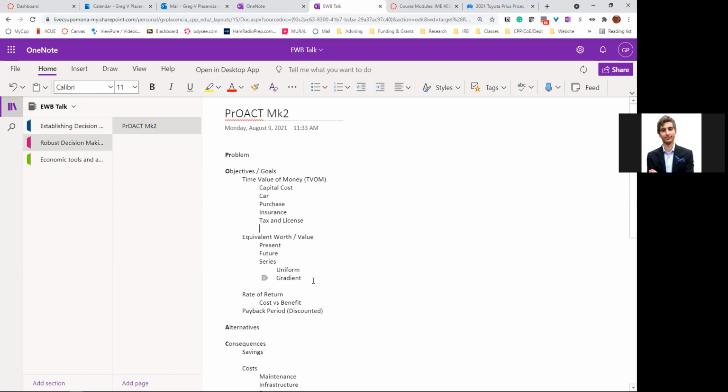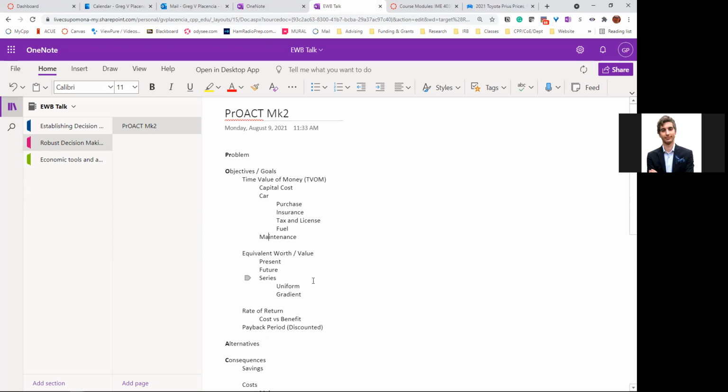Fuel, correct. Maintenance costs, if there's a problem with the car, you have to fix it. Okay, maintenance, you actually have regular maintenance often. So these are just some of the things that you're going to have. The capital cost for a car will be the purchase price, but you also have other values there, such as tax and license, fuel, and maintenance. Now, these are all costs.